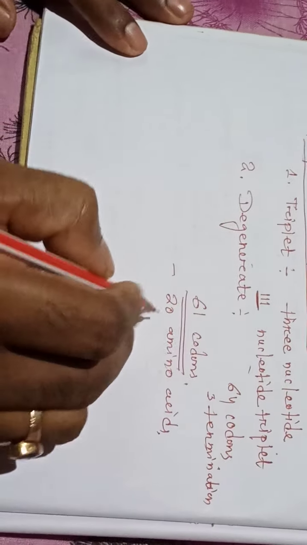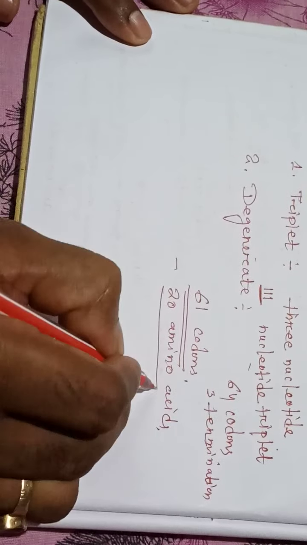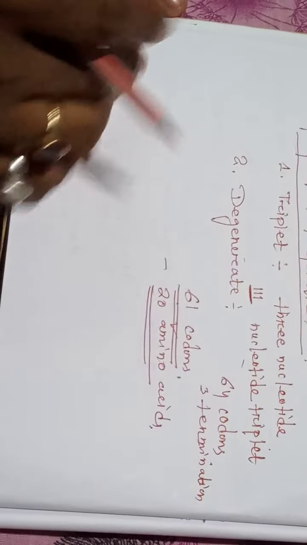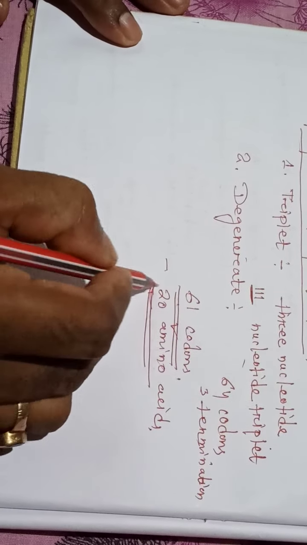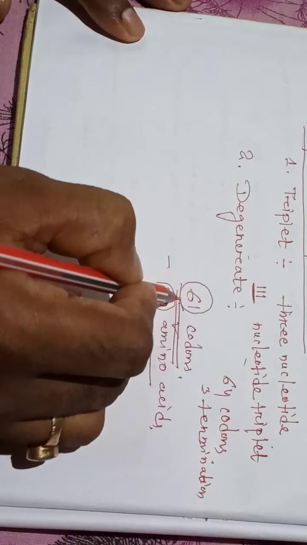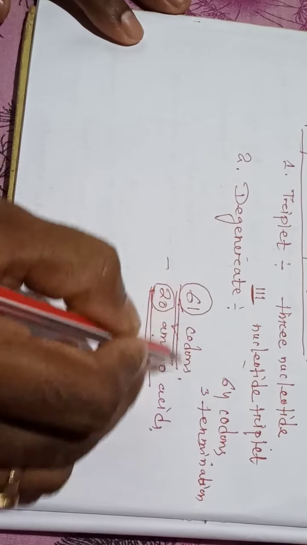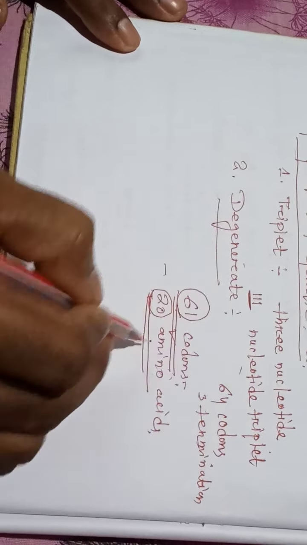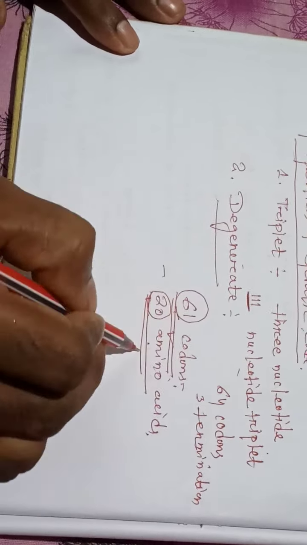So one amino acid is specified by more than one codon, because the number of amino acids is 20 but the number of codons is 61. In this sense, the genetic code is called degenerate.